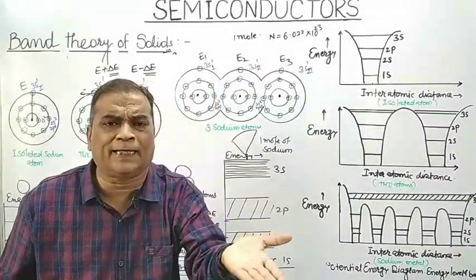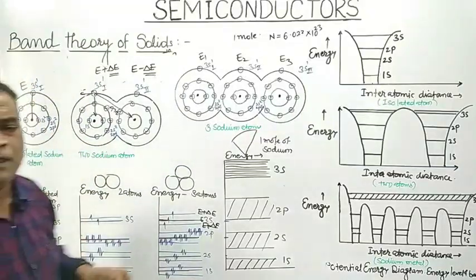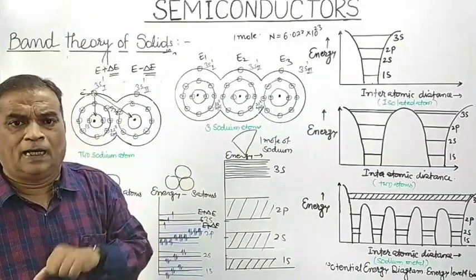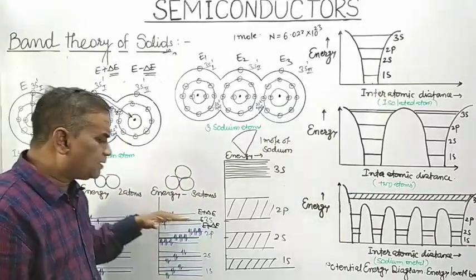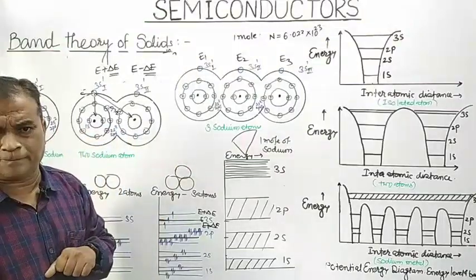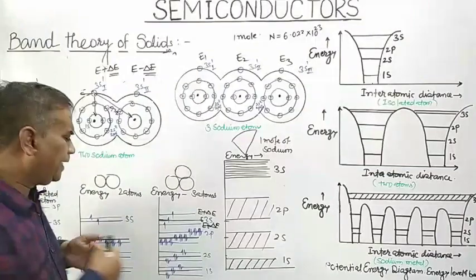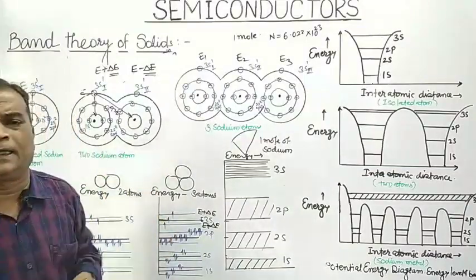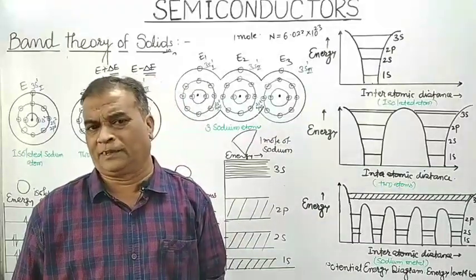There may be a slight increase or slight decrease in potential energy compared to their original energy, as a result of which the energy level in the 3s orbit gets split into three different levels, and each electron will have a unique energy level, and it will not violate Pauli's exclusion principle.